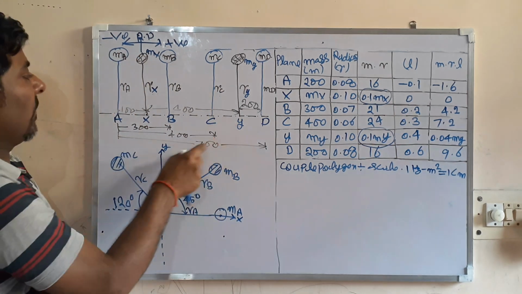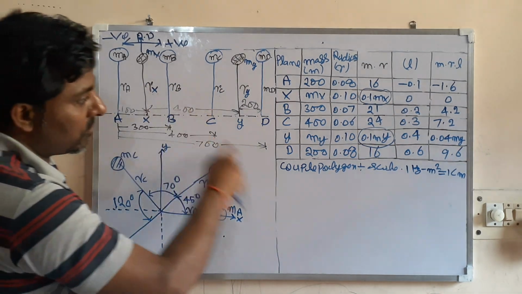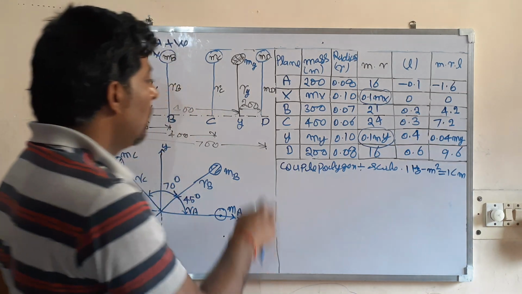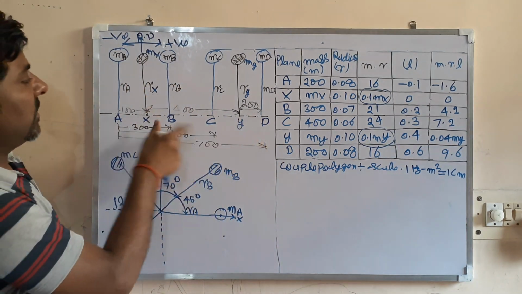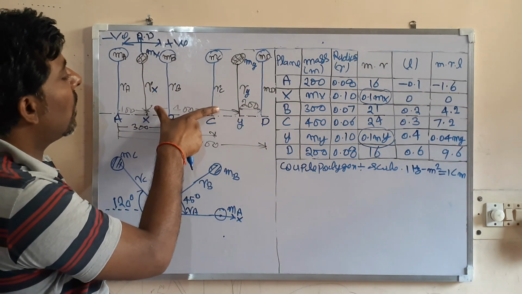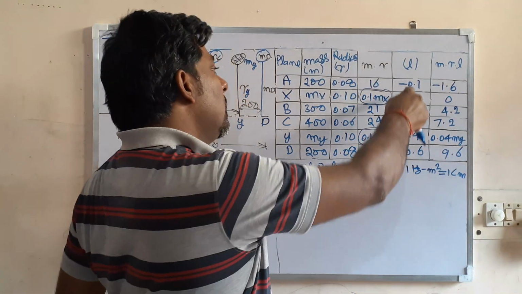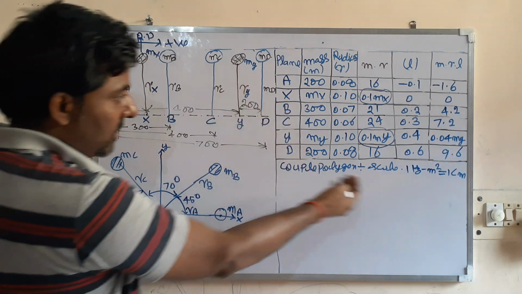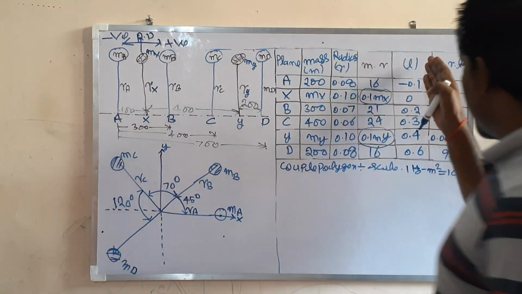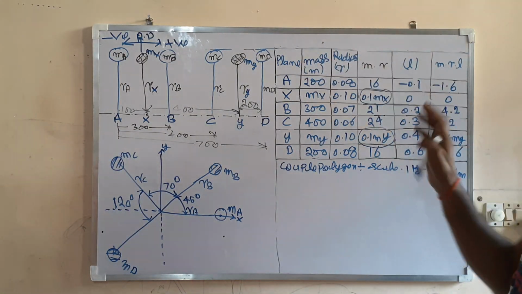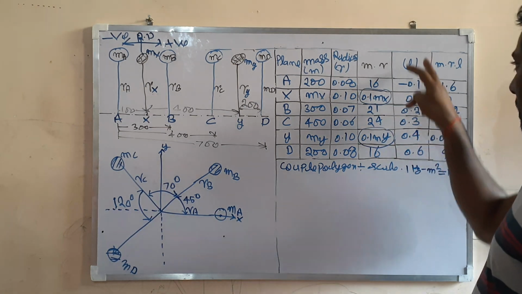Similarly for Y at 400, in meters this becomes 0.4. For plane D, you can see this is 400 and 200, 600, so in meters this will be 0.6. So this is negative, and on the right hand side these are positive. So I have taken the distance from RP to each plane with its sign.